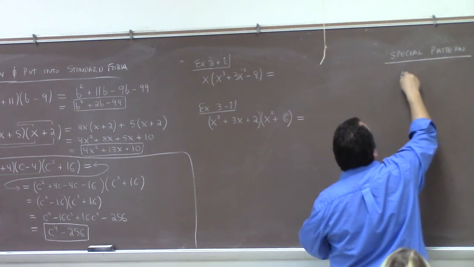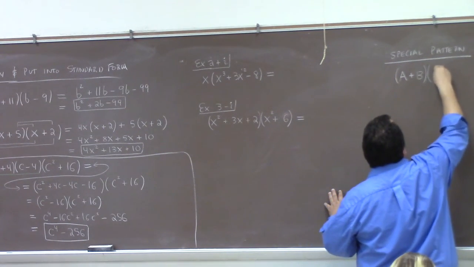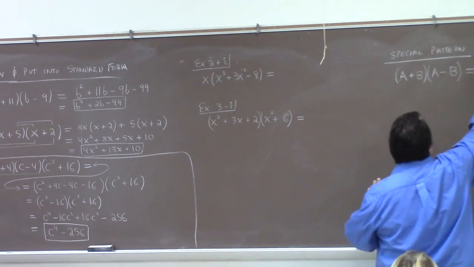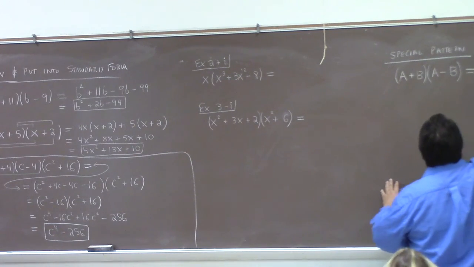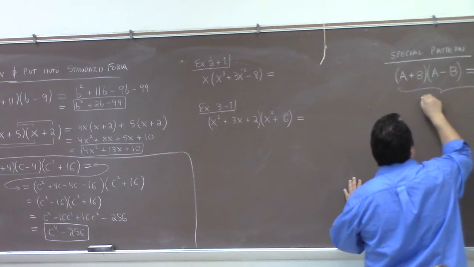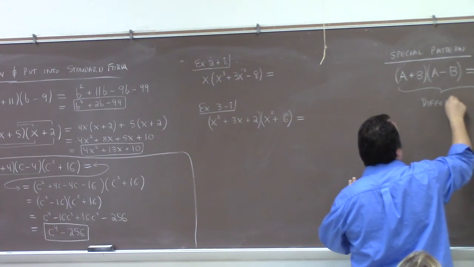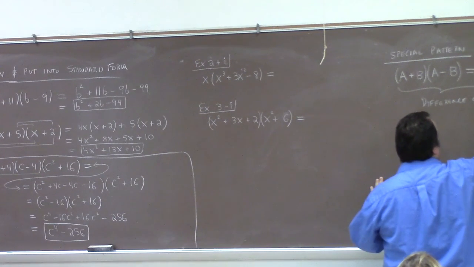A plus B times A minus B equals A squared minus B squared, right? So this is the so-called difference of squares formula.